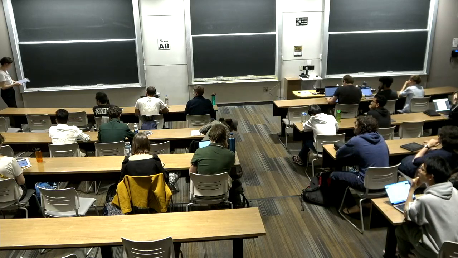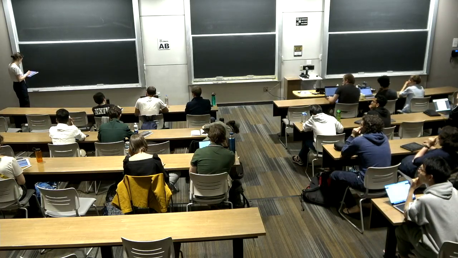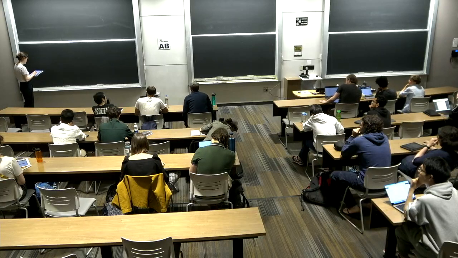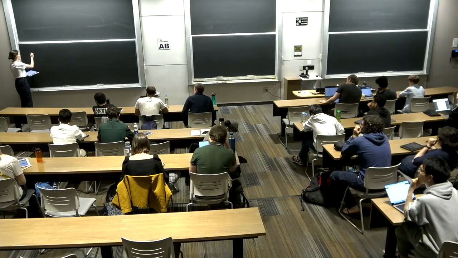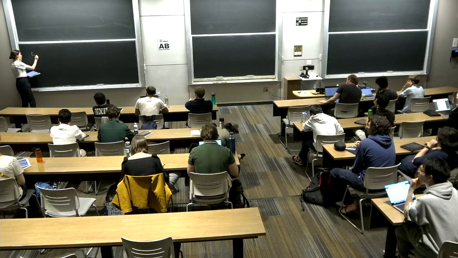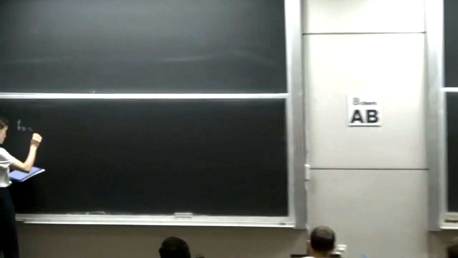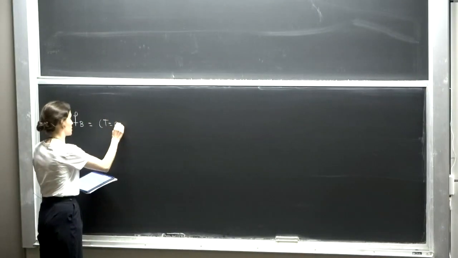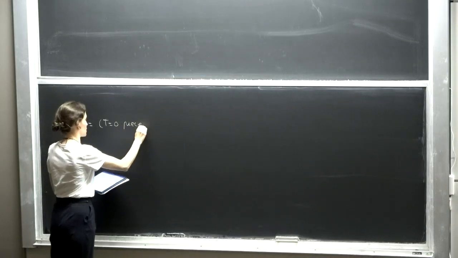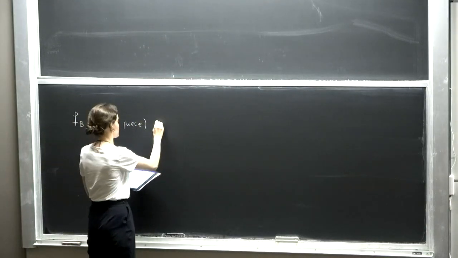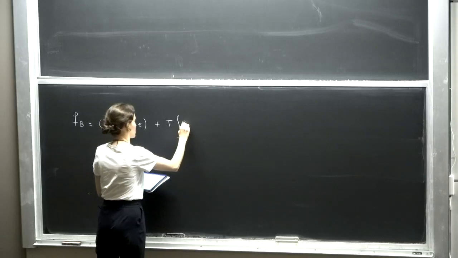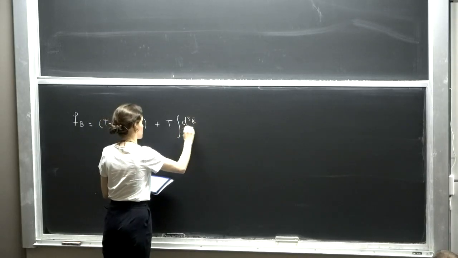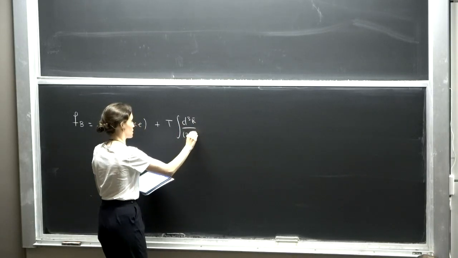Okay. Right, so we finished the last class building our way to just writing down the free energy for a free scalar field. So we said there was a zero temperature piece and also a temperature dependent piece that is going to be the focus of our attention.